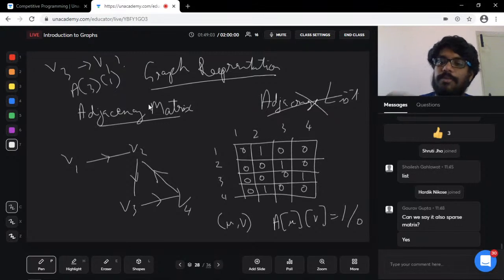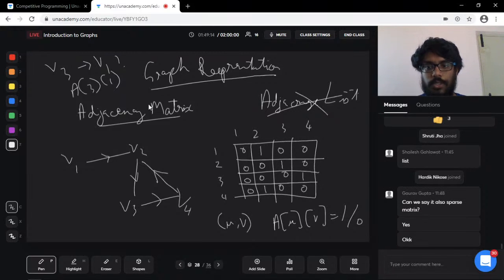The entire matrix will be filled with ones. So it need not be the case that it's a sparse matrix. There are various definitions, but I hope you understand what I'm saying. The number of ones need not be small. The matrix could be filled with ones. Yeah. Cool.